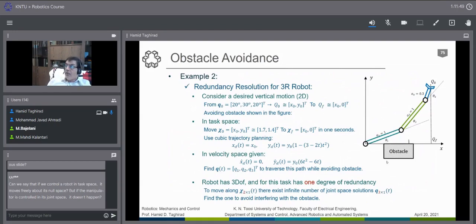Many different ways can go to avoid this obstacle. Could anybody suggest a particular cost function that, if we optimize it, doesn't hit this obstacle?